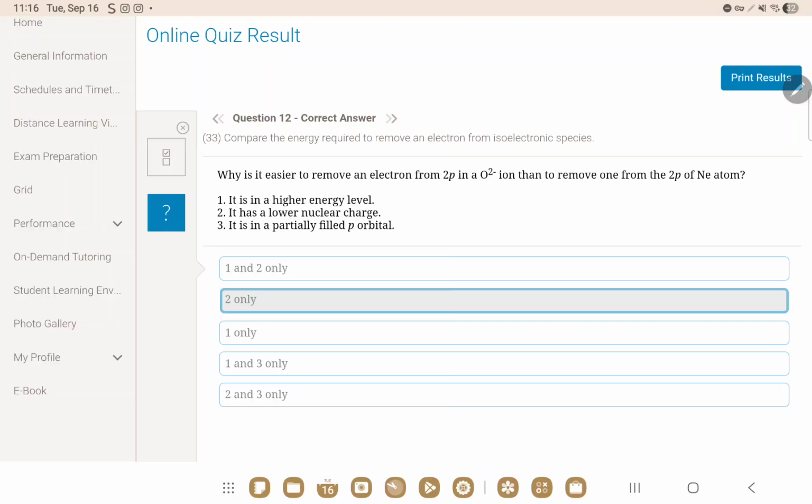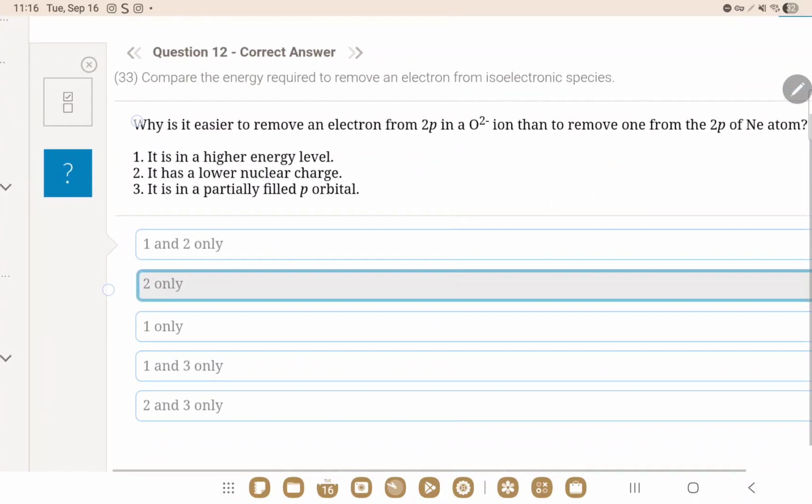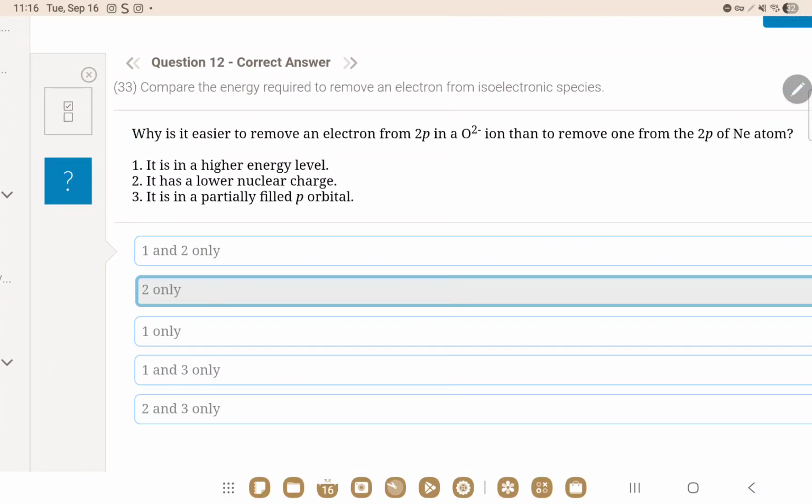Now, why is it easier to remove an electron from 2p in an O2 minus than to remove one from 2p of an Ne atom? Now, it has a lower nuclear charge. That is the only correct answer. It doesn't have a higher energy level because Ne and O have the same energy level, because they're in the same period.